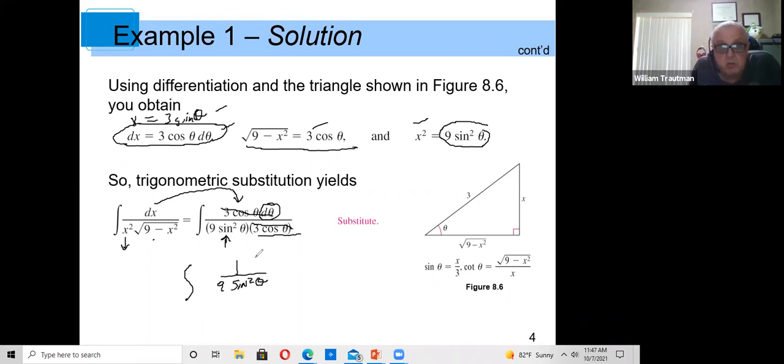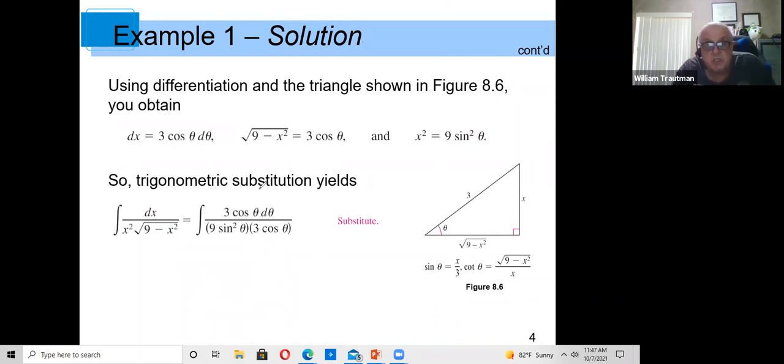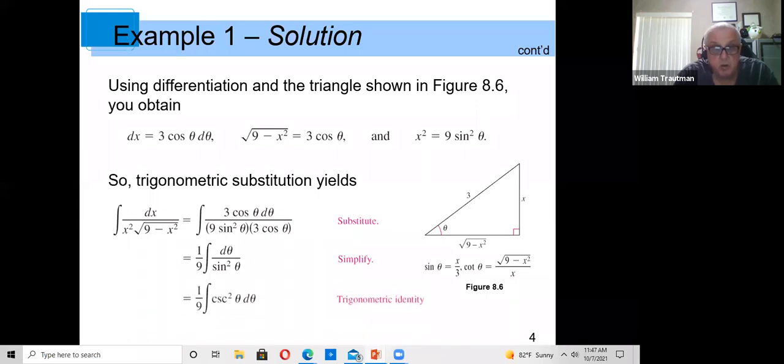You can change that to a negative if you bring it up to the top, or they change it to even easier: 1 over sine squared is the same thing as cosecant squared. And then they're going to integrate cosecant squared.